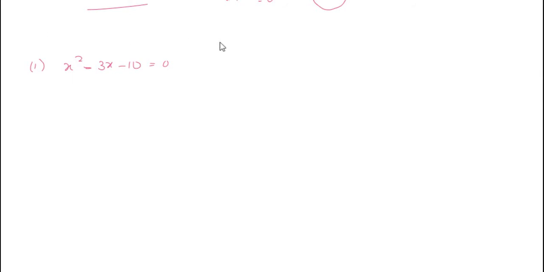Now here the coefficient of x square, we call it a, equal to 1, b equal to minus 3, that is the coefficient of x, and the constant term c equal to minus 10. Find out the value of ac, that is the product of a and c. Here it is minus 10.